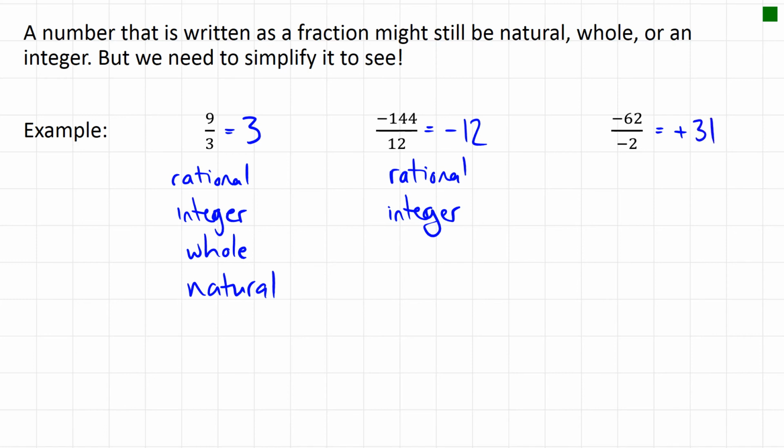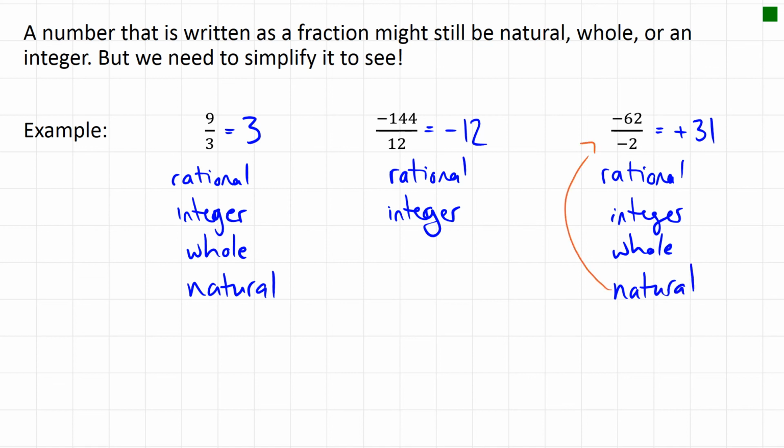So even though there were negatives in the fraction, it actually is still rational, an integer, whole, and natural. So just because there were negatives in the original fraction, because it simplifies to positive 31, that makes it a natural number.